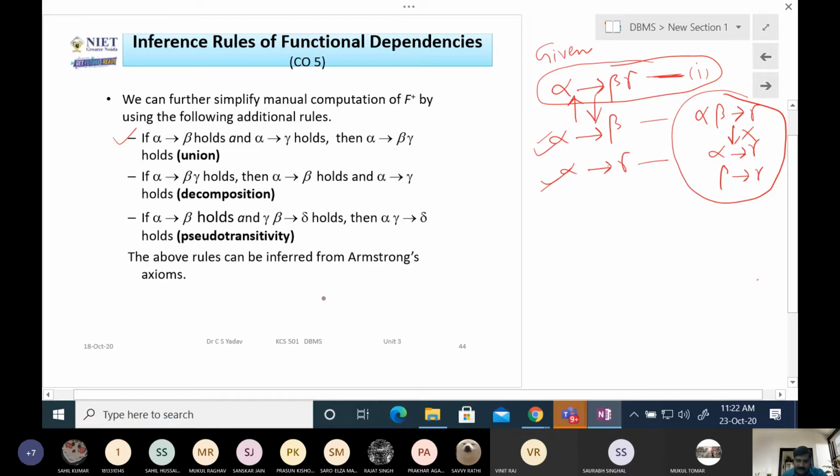Vineet Raj, please let me know. How will we prove, if we have alpha determines beta gamma, that these two dependencies hold on R? So, proof of decomposition.